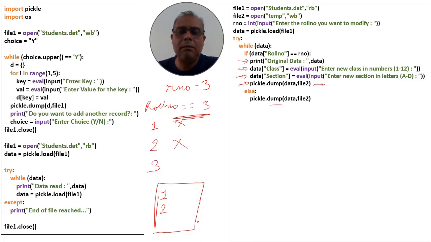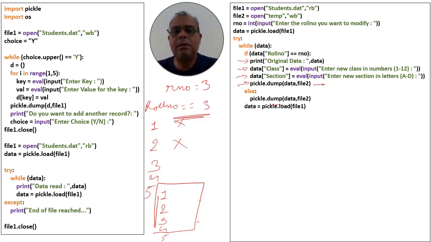So roll number 3 is also written, but with modified records. And then record 4 will be read and written as it is to the file. Record 5 is going to be read and written into the temporary file, file 2, as it is.